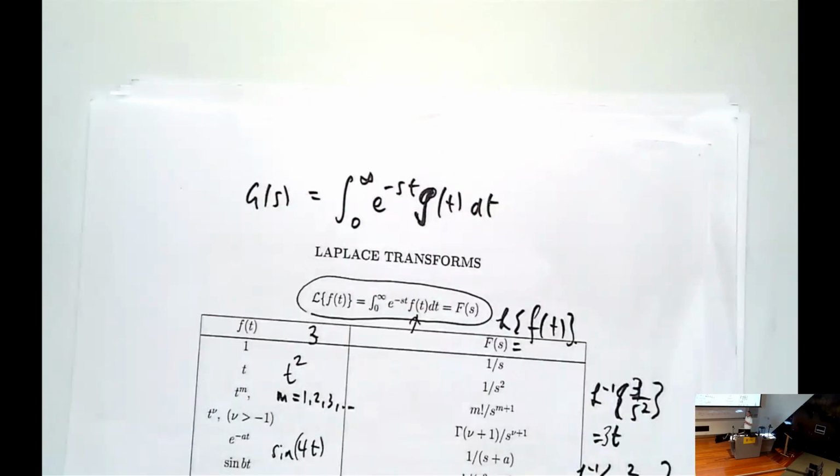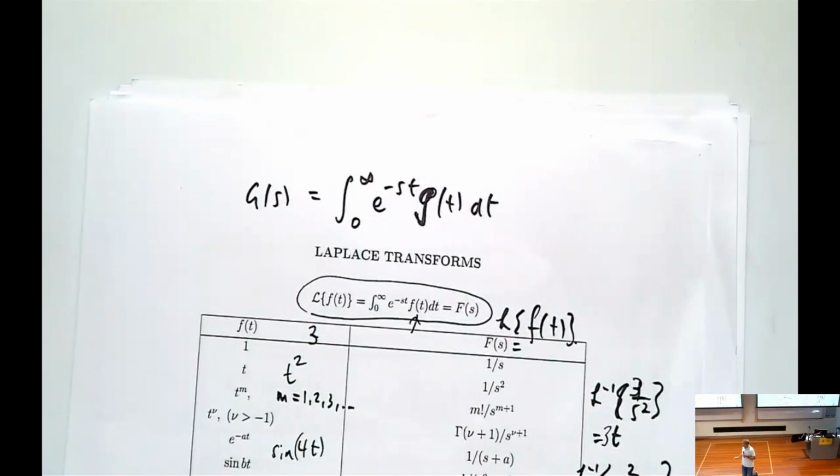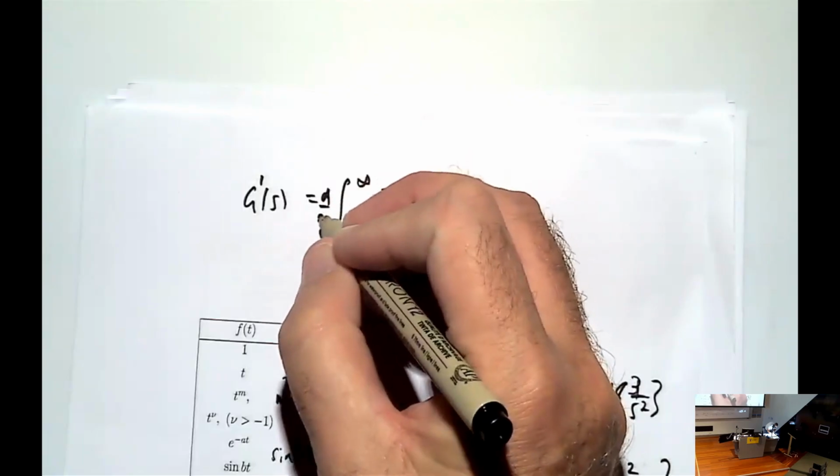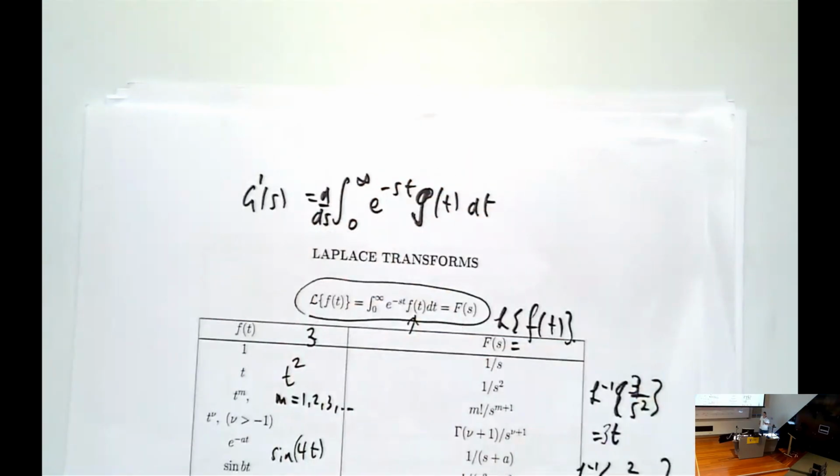All right, so now think back to week 1 of this course. So long ago. I want to differentiate that with respect to s. What method can I use? What method rings a bell? Leibniz. Right, so let's go.